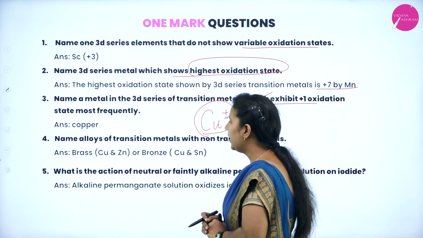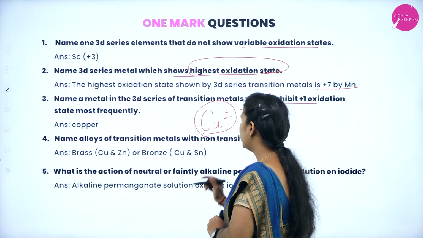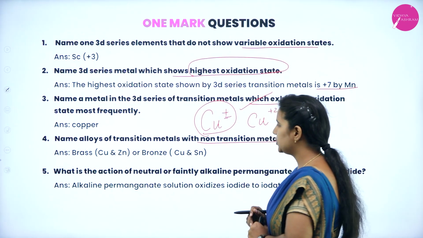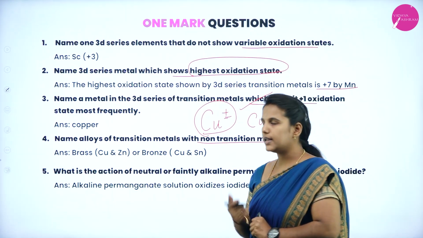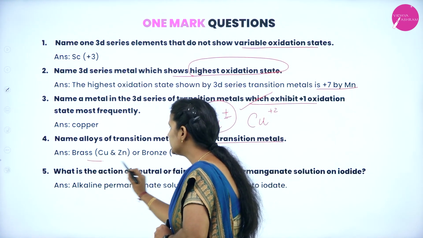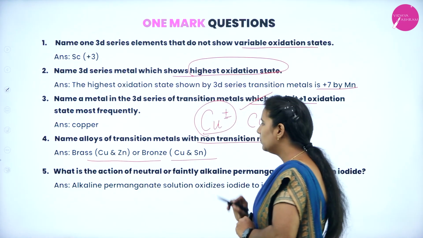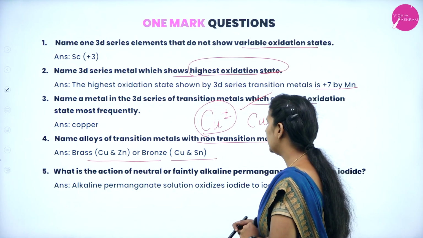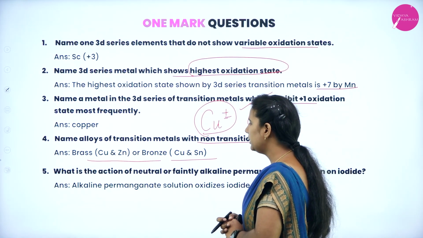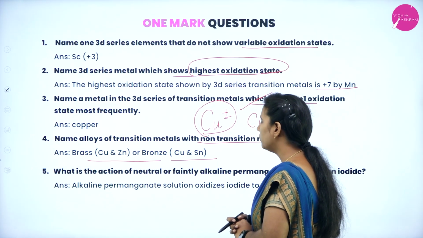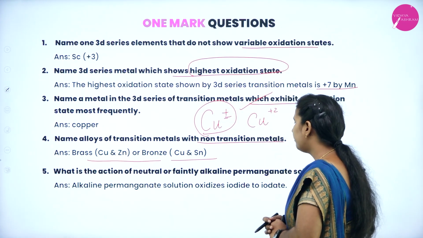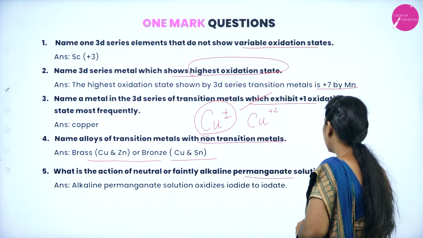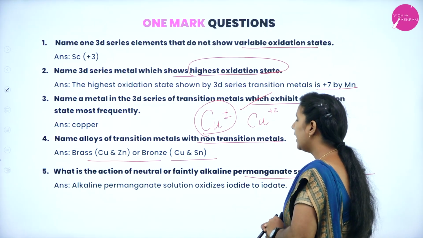Next, name the alloy of a transition metal with a non-transition metal. So we have alloys like brass and bronze. You can see how these alloys are made of a transition metal with a non-transition metal. Coming to the next question, what is the action of neutral or faintly alkaline permanganate solution on iodide?